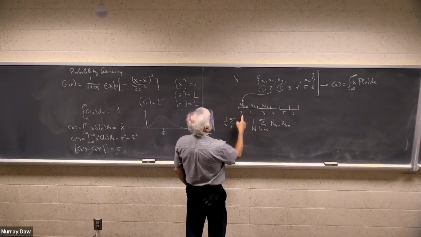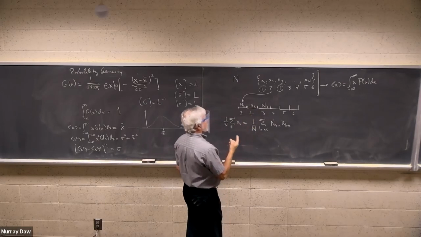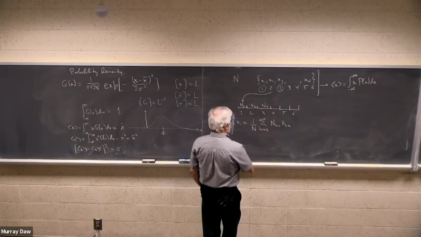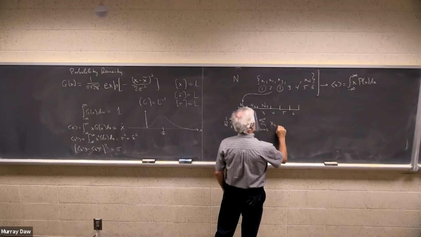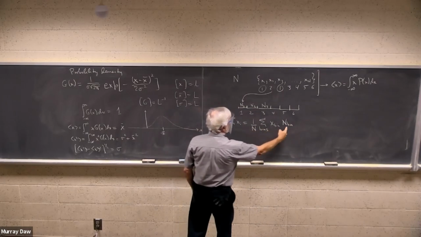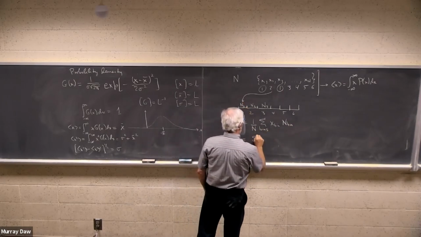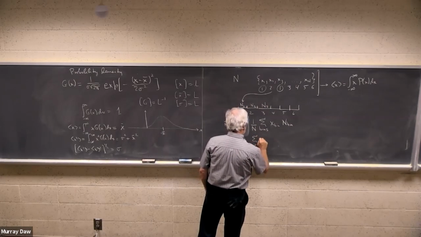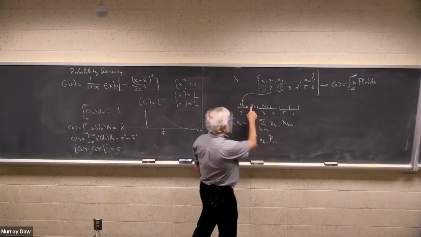So I just multiply 1 by the number in the first bin, and add that to 2 times the number in the second bin, 3 times the number in the third bin. Rewrite it this way. And this ratio of the number in the bin divided by the total number is the probability, the fraction of the ensemble that is in each bin.